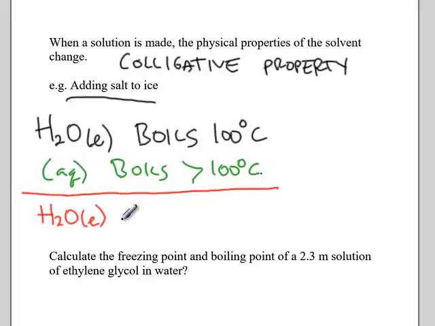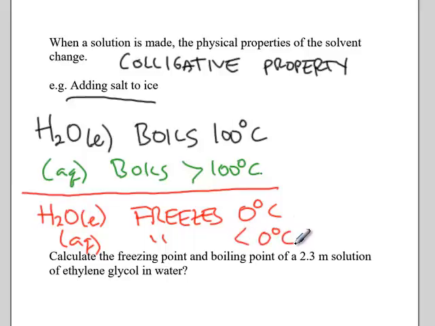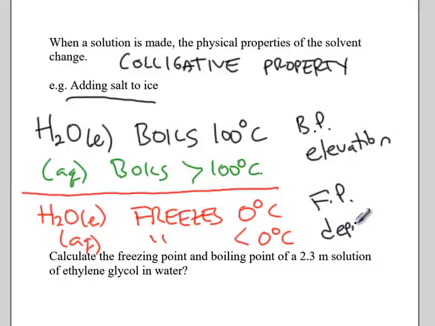Pure water freezes at 0 degrees, and if we make a solution out of the water, it's going to freeze at a temperature less than 0 degrees. So this is called the boiling point elevation and the freezing point depression.